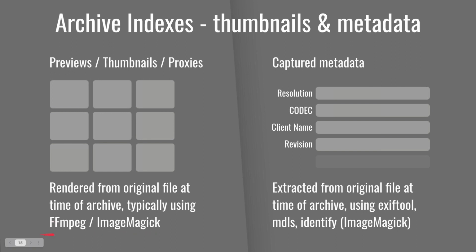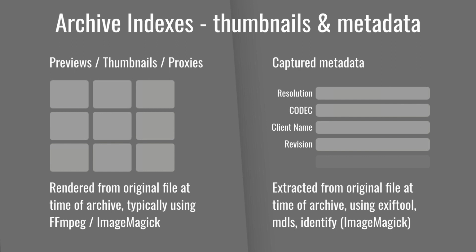We have FFmpeg and ImageMagick built into P5 as tools for running the file through to extract the preview. And then the same thing goes for captured metadata. So you can capture whatever you want from the file, or you can have manually entered metadata like a client name. So maybe you just want a prompt to input a client name every time you do an archive so that you can later search on that.